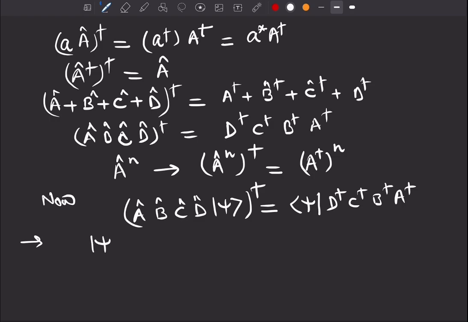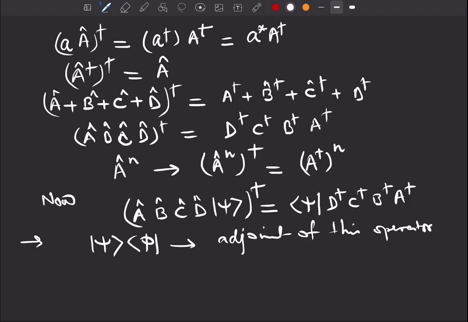If this is an operator, then we want the adjoint of this operator.